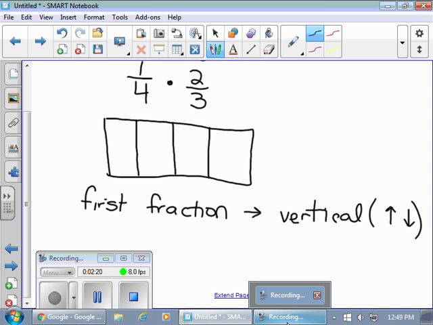Draw it like mine. Okay. We'll get better at doing those. Now, I want you to take your blue crayon and color in 1/4 of that rectangle. Your blue crayon.